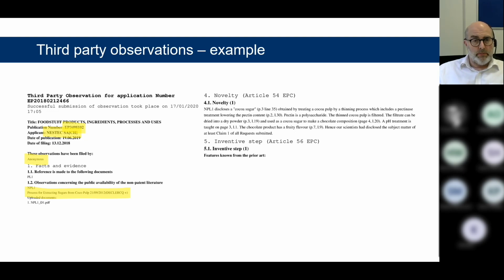That's highlighted in yellow there. And the actual observations is just a single document, this de Klerk document here, and then an attack based on novelty. So whoever filed these observations said this patent application should not be granted because the claims lack novelty because of this document which we're submitting. Did it work? And the answer is yes.